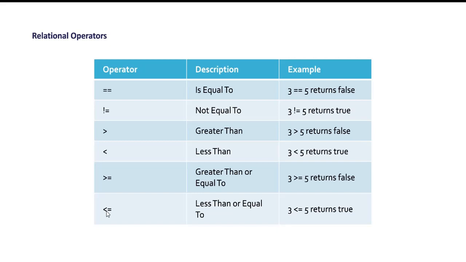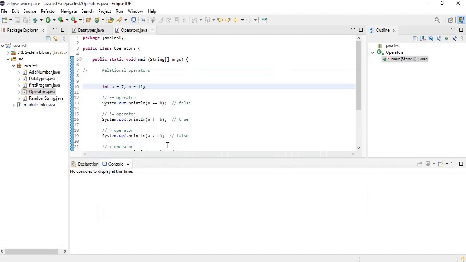While writing a for loop, you will use these types of operators, all that we will use while writing any specific condition to check the relation between two variables. Let's see it through an example.